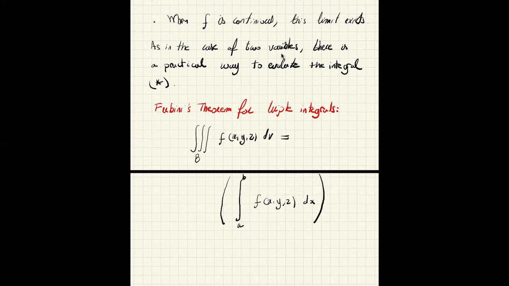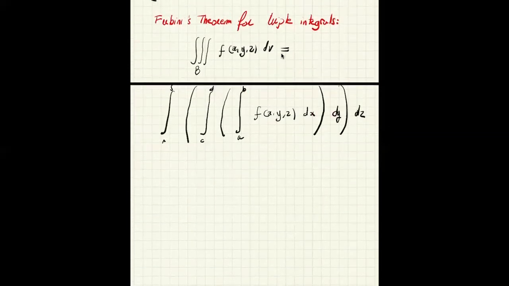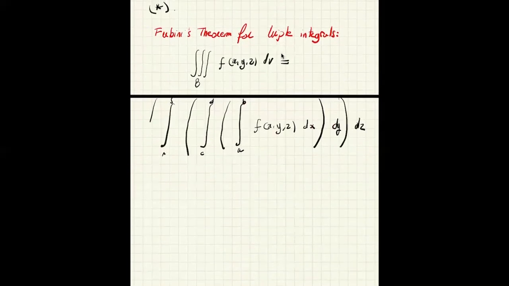Now you fix z, and you integrate with respect to y, and now y is allowed to move from C to D. And once you do that, now it's a function of z. Now z is allowed to move from R to S. And obviously, we're not going to keep doing this with ugly parentheses.